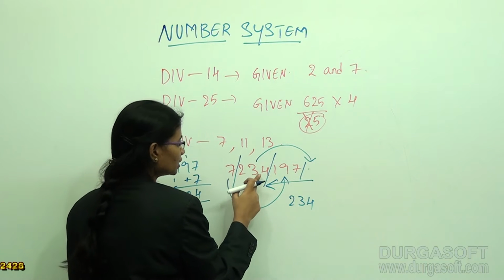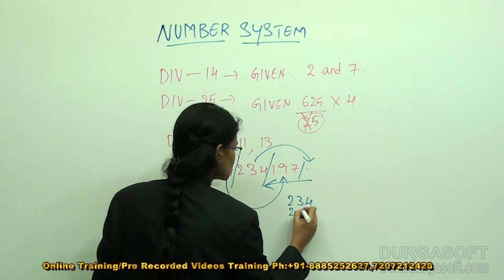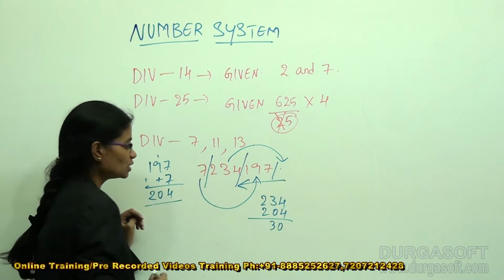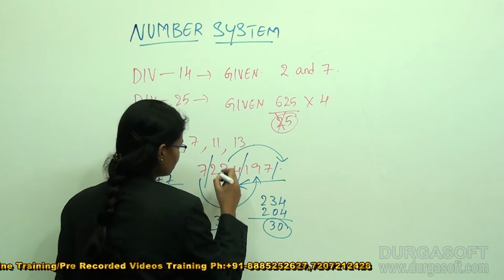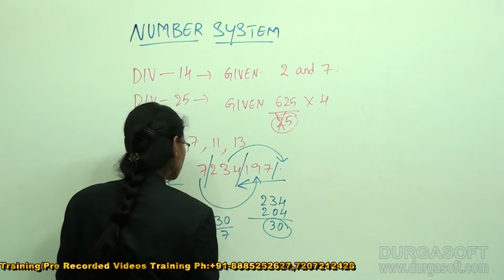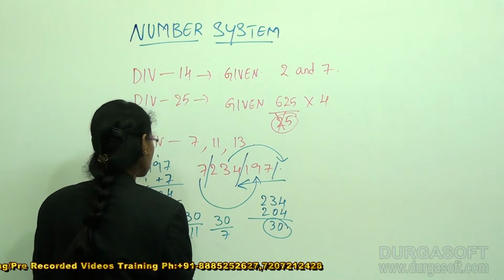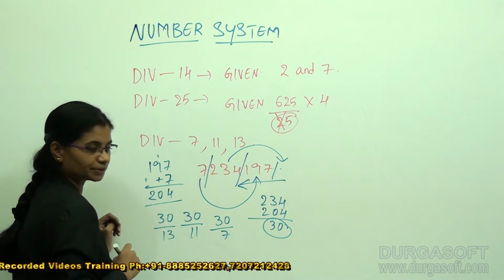From this 234, subtract the number you got from here, 204. So you will get 30, right? So check whether this 30 is divisible by 7 or not, whether this 30 is divisible by 11 or not, and whether this 30 is divisible by 13 or not.